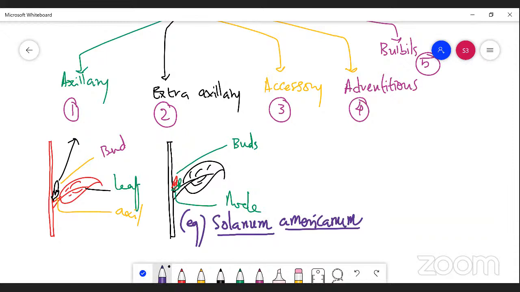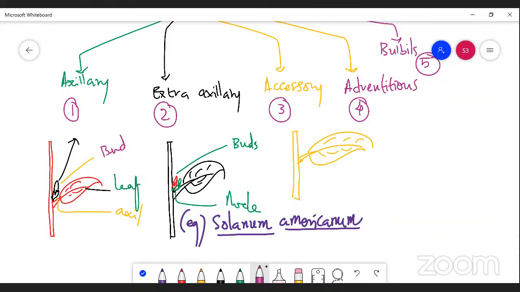Next we pass on to accessory buds. Actually, accessory buds are a type of bud. Now this is a stem portion in which, as I mentioned, node is a part of the stem on which leaves are found.